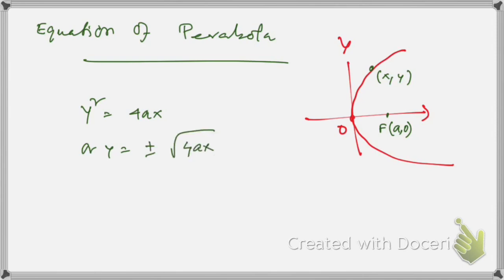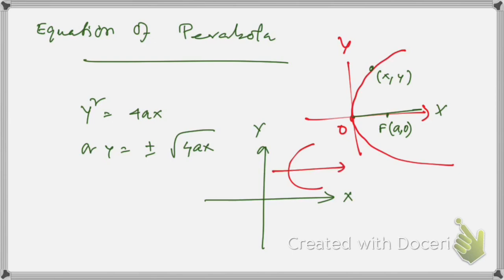And again, here you see the x-axis is the line of symmetry, the axis of symmetry. If the parabola lies somewhere in the first, second or third quadrant, anywhere, so that the axis of symmetry is not the x-axis, and the vertex is now h comma k, and its focus is, as you see, this length is h and this length is a, then h plus a comma k will be the focus, right?